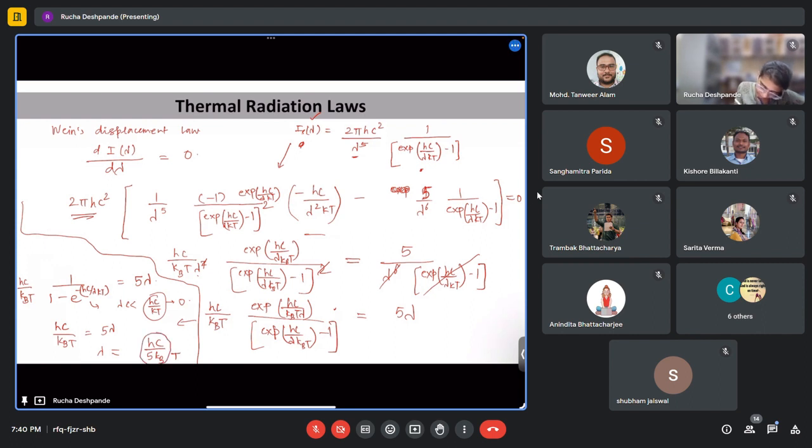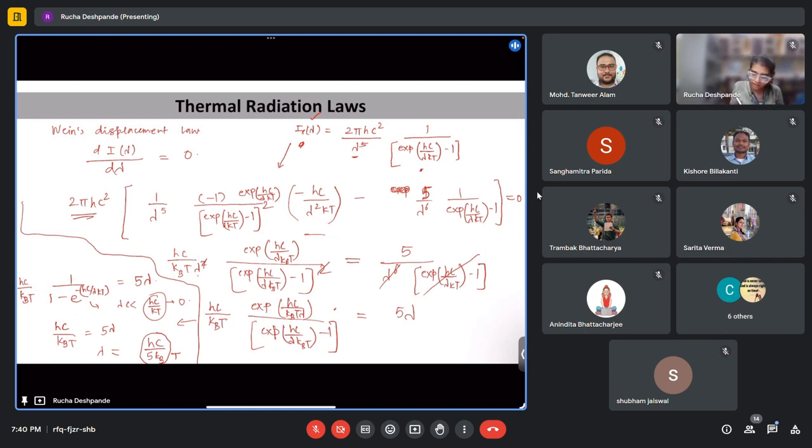So when we input the values, I have tried this. If you go to a slightly higher number of decimal places, you will get values close to 2900, so 2890 to 2900 micrometer Kelvin.